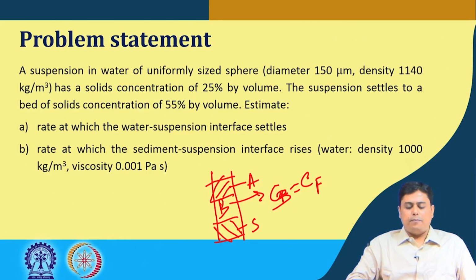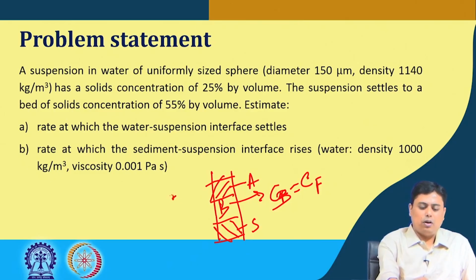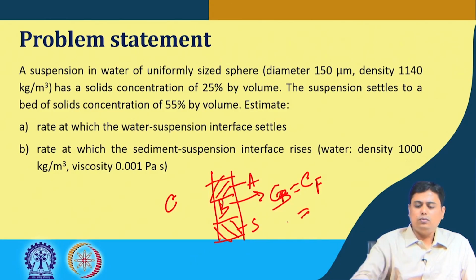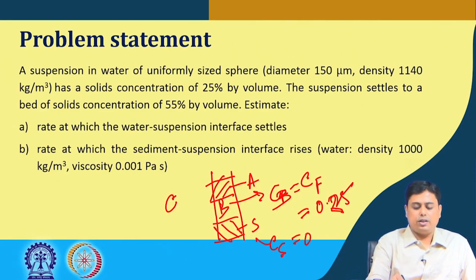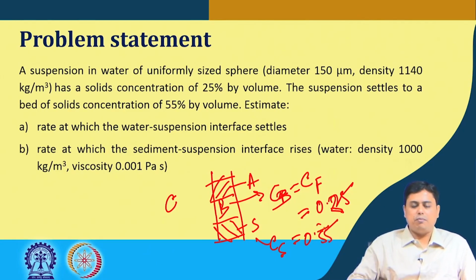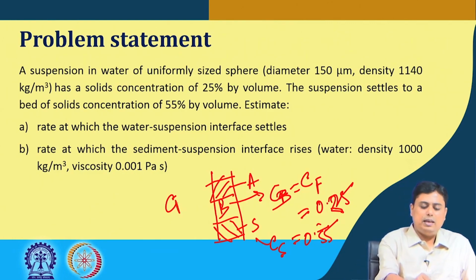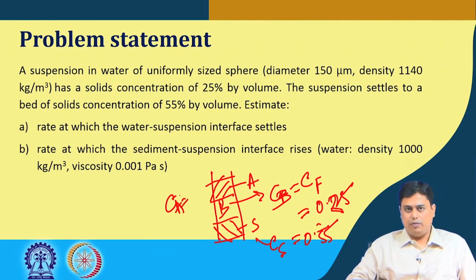So here the volume fraction is known, which is 0.25. CS, the sedimentation concentration, is 0.55, 55% by volume. CA, what would be the concentration? If it is a clear liquid, it would be 0.